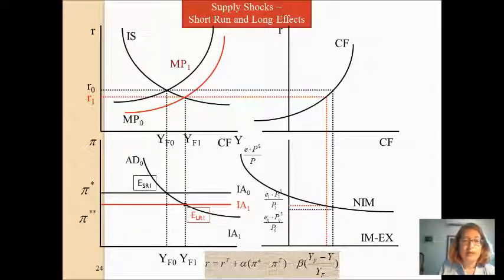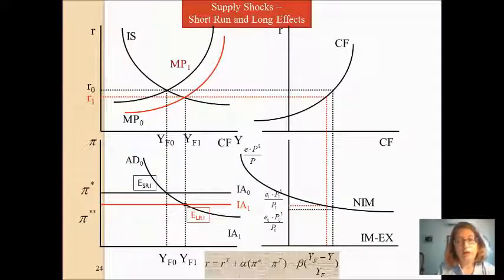and we have a supply shock, it means that we are in a situation of unemployment. So in the short run, only Y full changes, but in the long run, the central bank responds, because we are in a new situation of unemployment, inflation rate goes down, and as a result of that, the central bank responds by reducing the interest rate and shifting MP to the right.